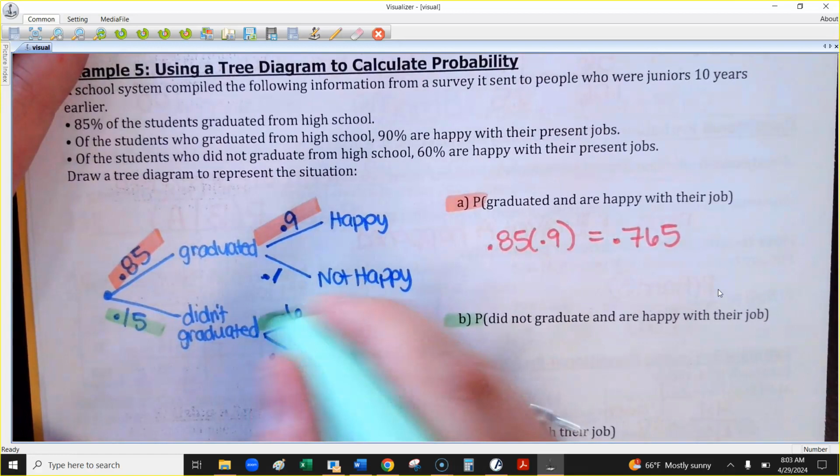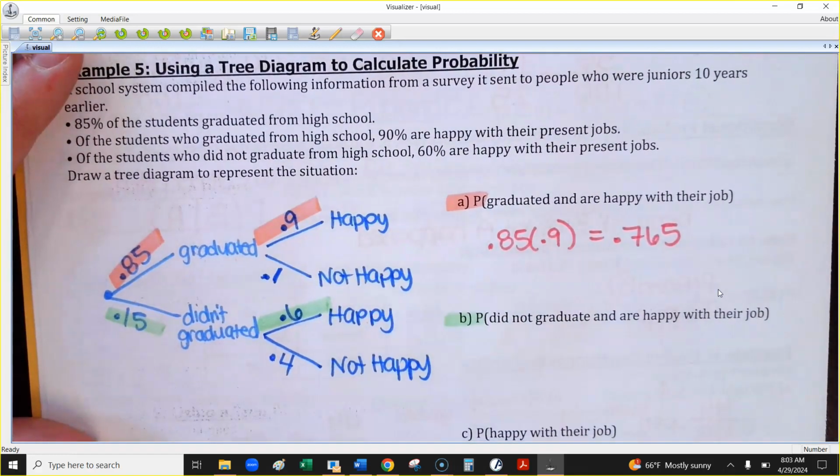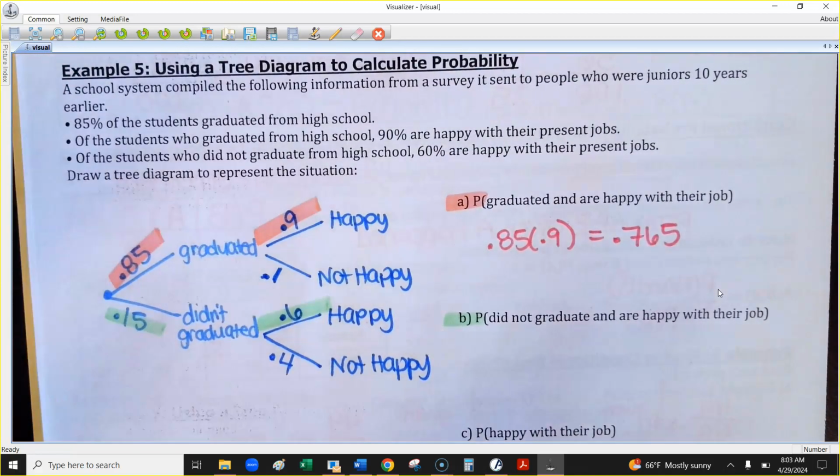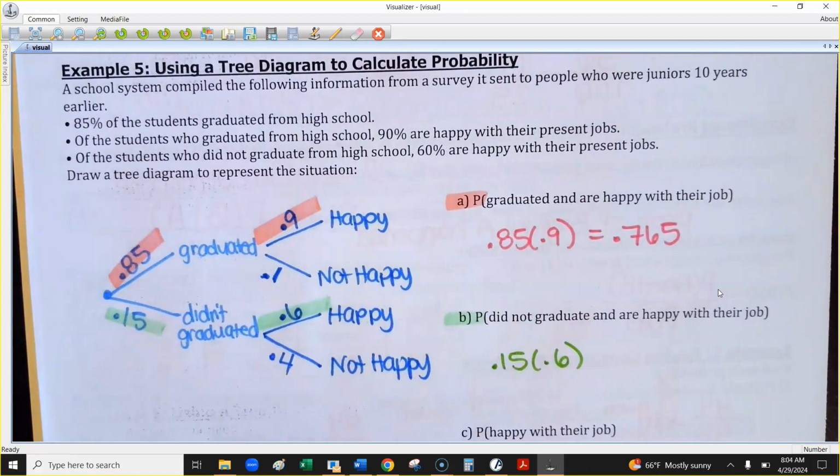So that would go along those two branches right there. I would do the green to match. So 0.15 times 0.6, which I think is 0.09.